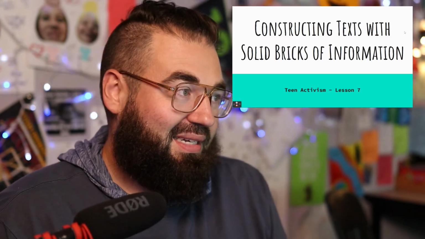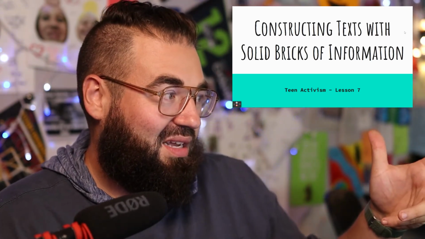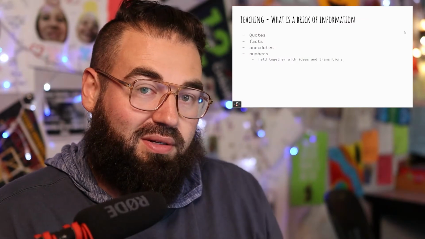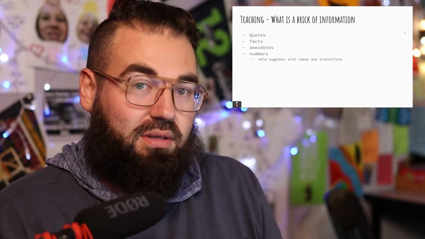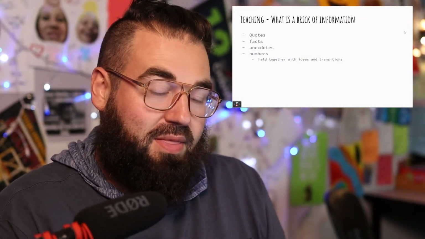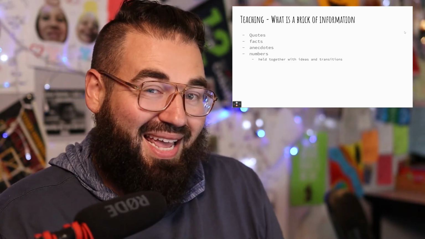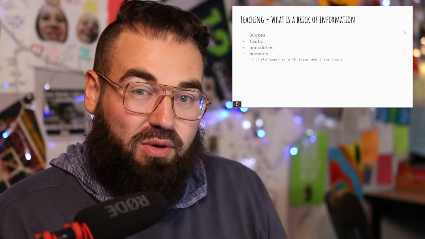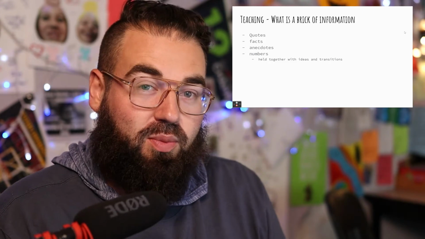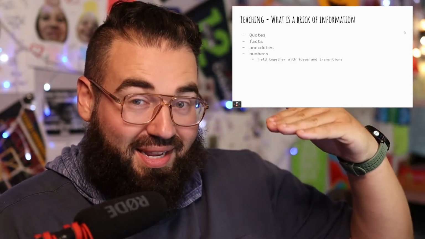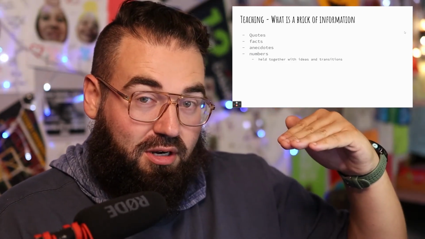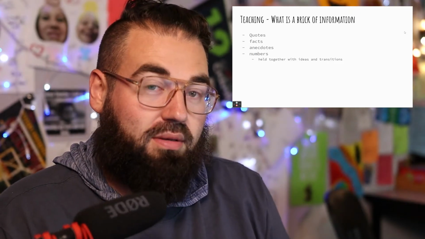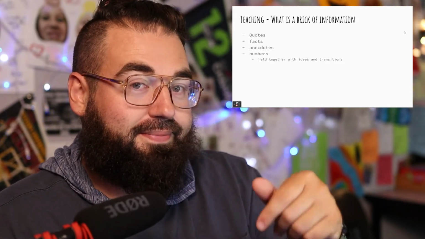And that is the stuff like ideas that you have about your topic, transitions. And those are important, but it's today that brick that we're focusing on. We're focusing on making sure that we know all the different varieties of information that we should be including in our book. Let's check it out.